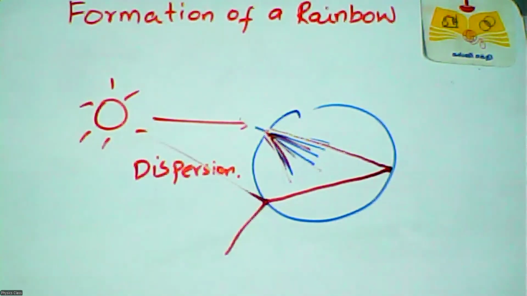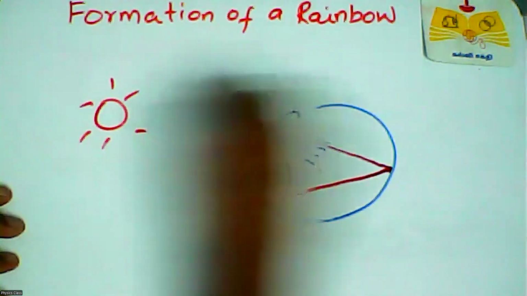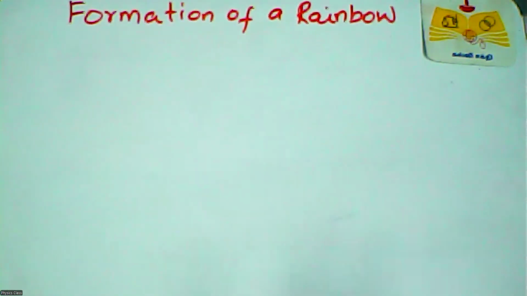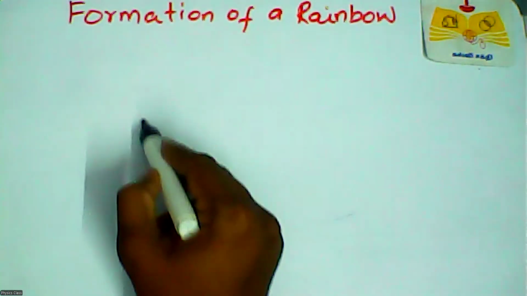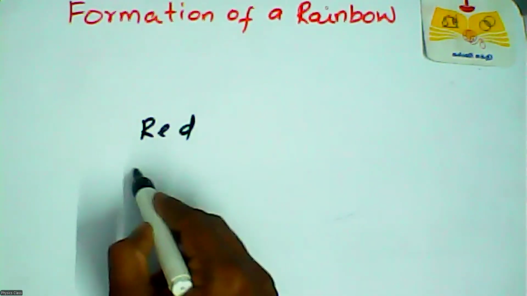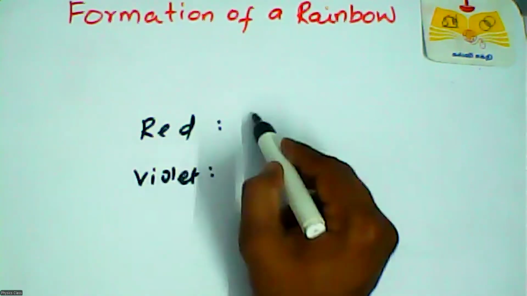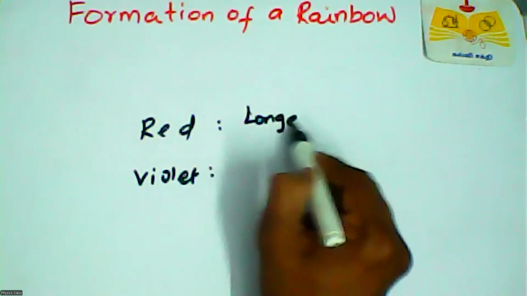Most important, we have to know the two extreme colors, red and violet. Red has a longer wavelength.